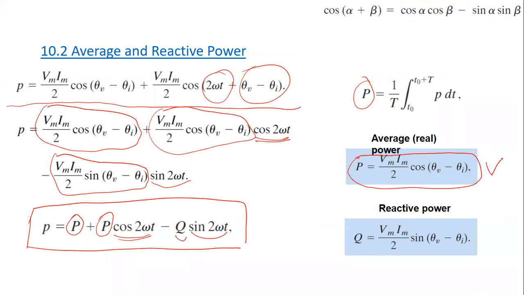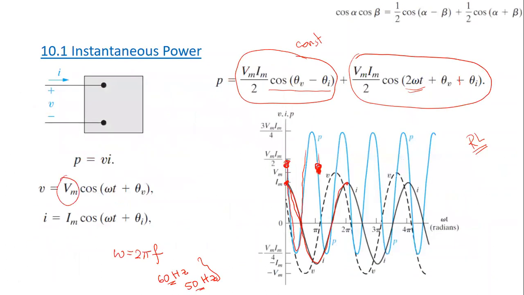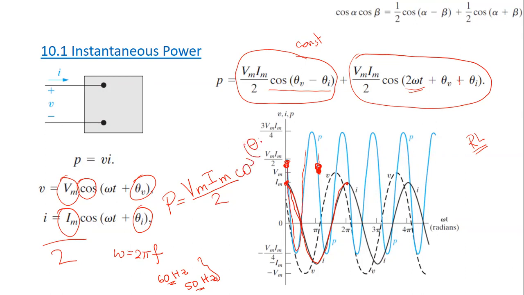The average power is the maximum voltage times the maximum current, divided by 2, multiplied by cosine of theta V minus theta I. V maximum I can extract immediately from the time domain voltage, and I maximum from the current formula. This is how to calculate the average power.